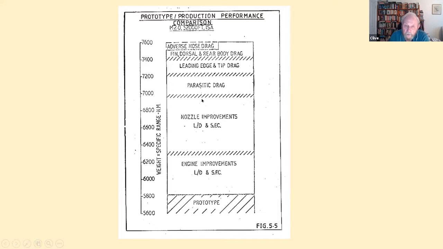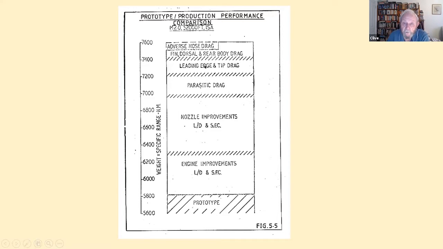We had an energetic campaign to reduce the parasitic drag, which very largely consisted of going through the detailed design very carefully, sealing off the leaks wherever possible, and where you couldn't, making sure that the leakage actually pointed streamwise backwards rather than across the flow.